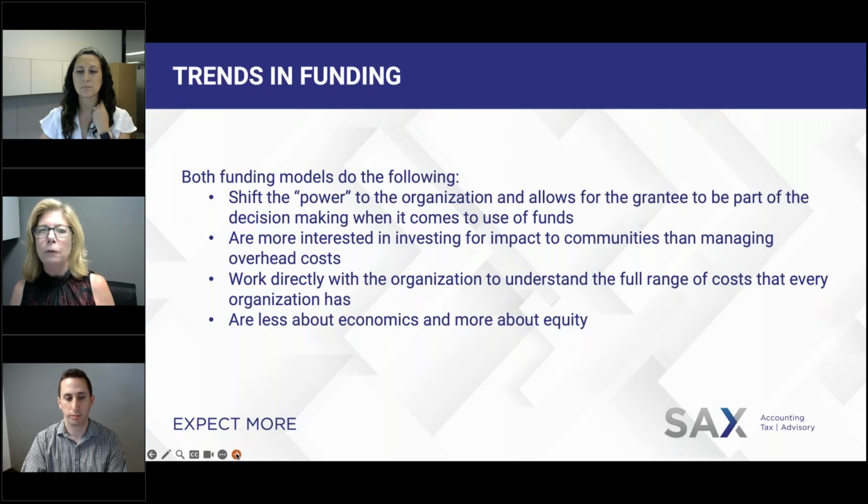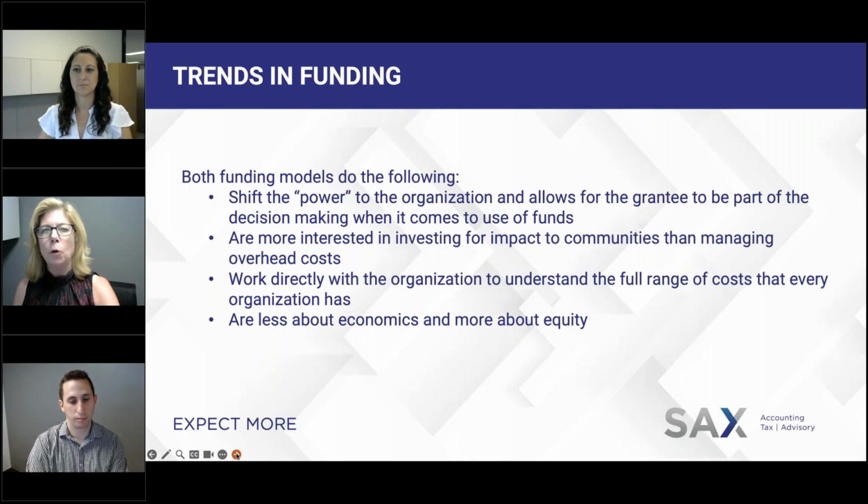And if you go back to Adam's slide about the study, the most effective organizations had 32 to 36% overhead. A typical for-profit business has overhead at 32 to 36%, right? So it only makes sense. These funders are less about economics and more about creating equity in our communities and our society.